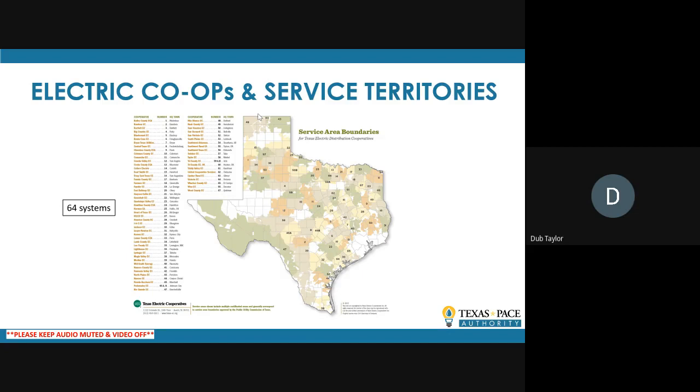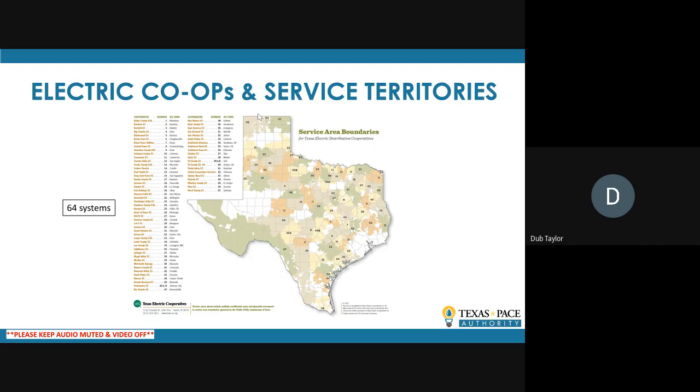Electric cooperatives, talked about this, kind of filling in the map still. 64 systems, these are distribution co-ops. In some cases, they have different efficiency program offerings. A lot of these tend to be focused on residential, which if you look at their customer base, the majority of the electric cooperatives membership is residential, so that's not a surprise.